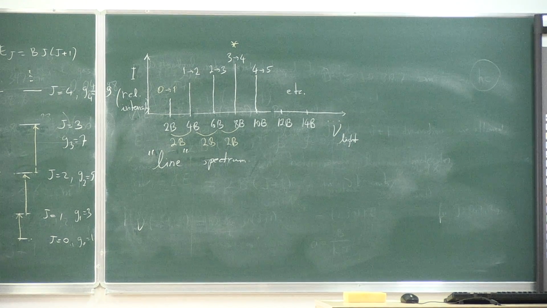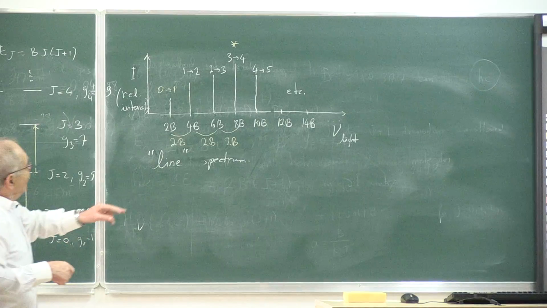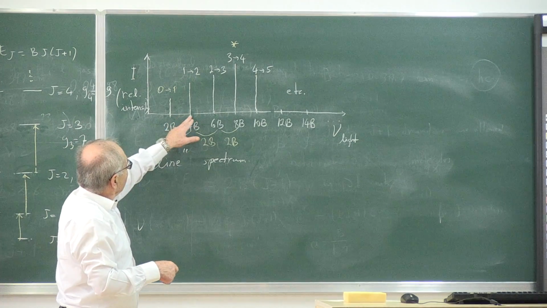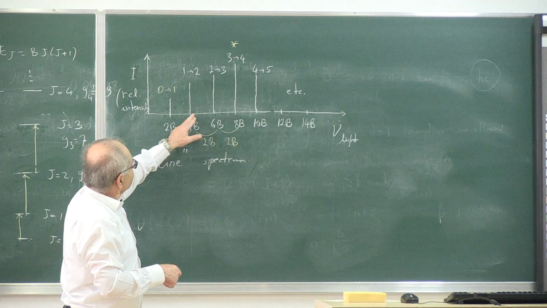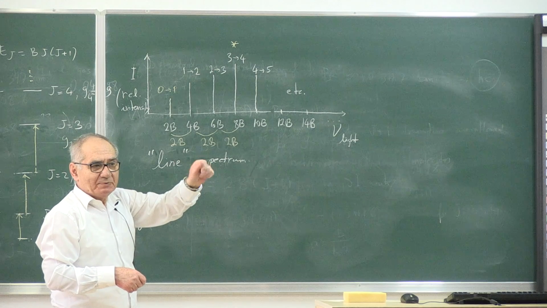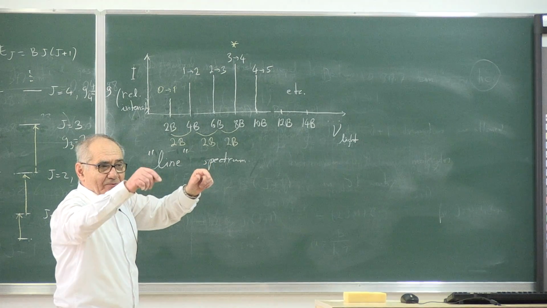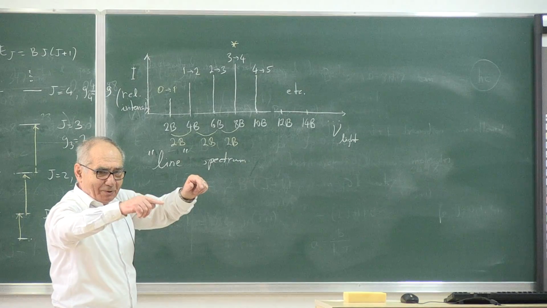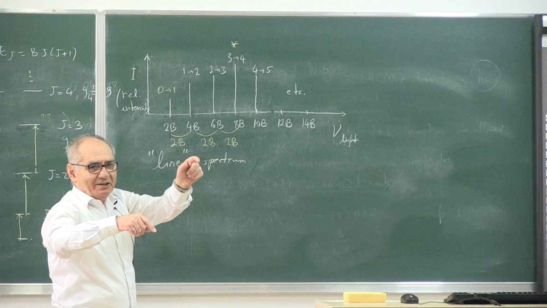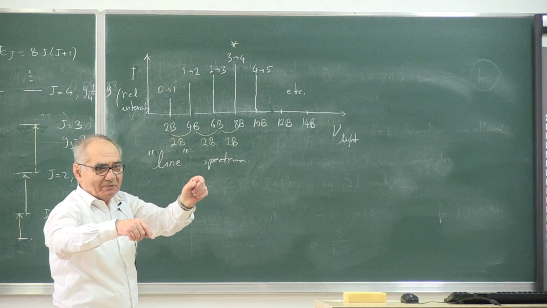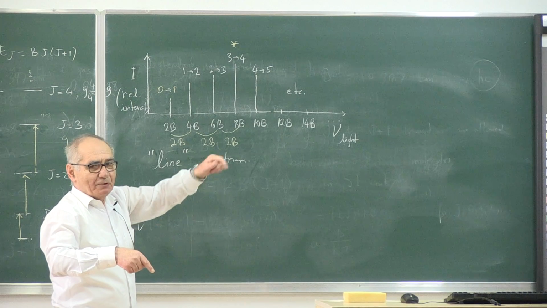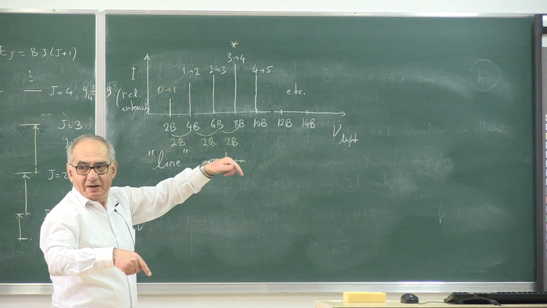So experimentally, if you experimentally determine the line spacing, that will give you value of 2 times B experimentally. From the experimental value, you may obtain B value. You just take the difference between successive lines, divided by 2, it will give you a B value for the molecule you are studying.